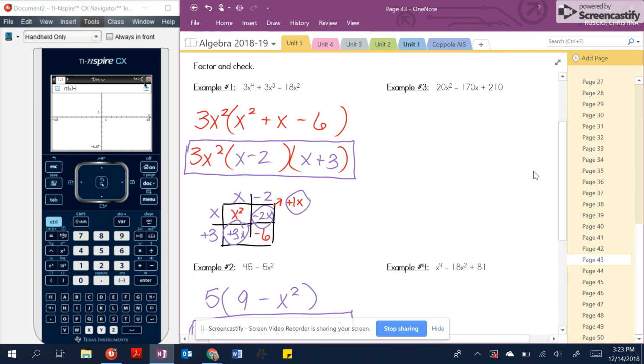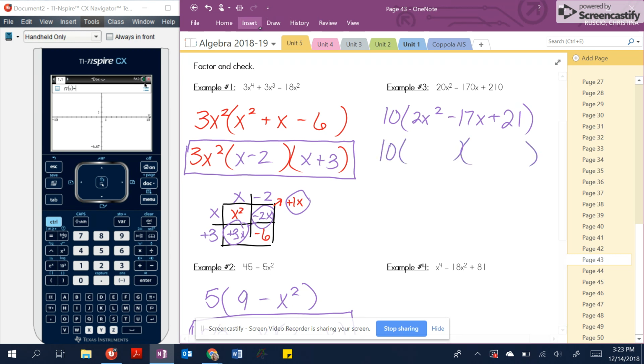All right, moving to example number 3. We're going to look for a GCF. Wow, there's tons of GCFs going on here. What is it, 10? I think 10 is my GCF here. So we're left with 2x squared minus 17x plus 21. Yes, it was 10.